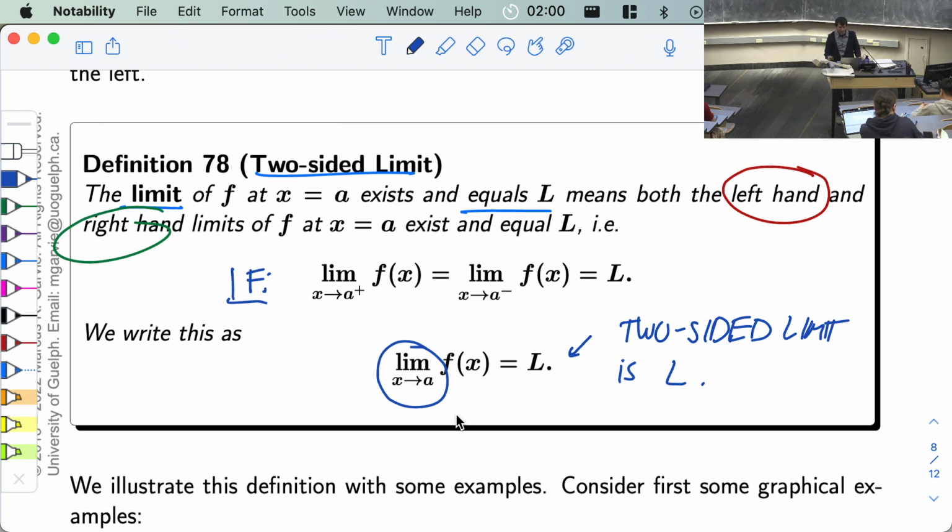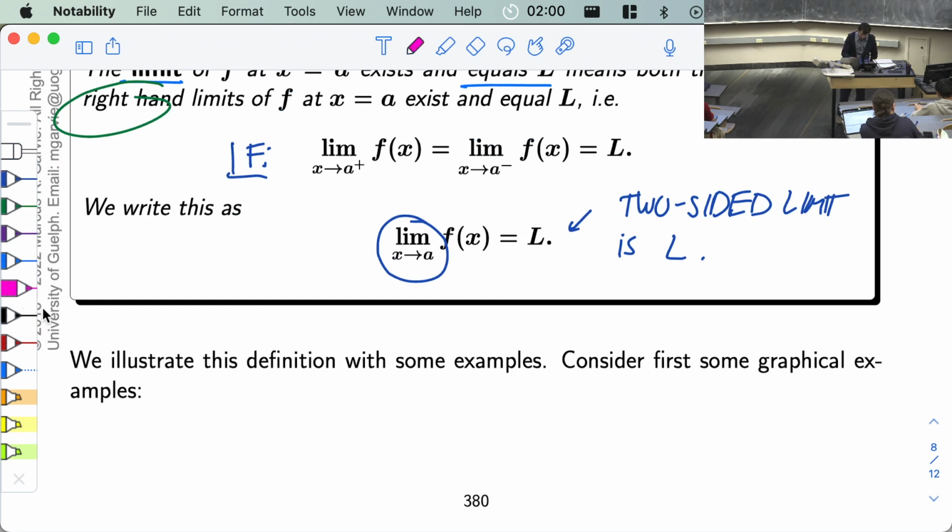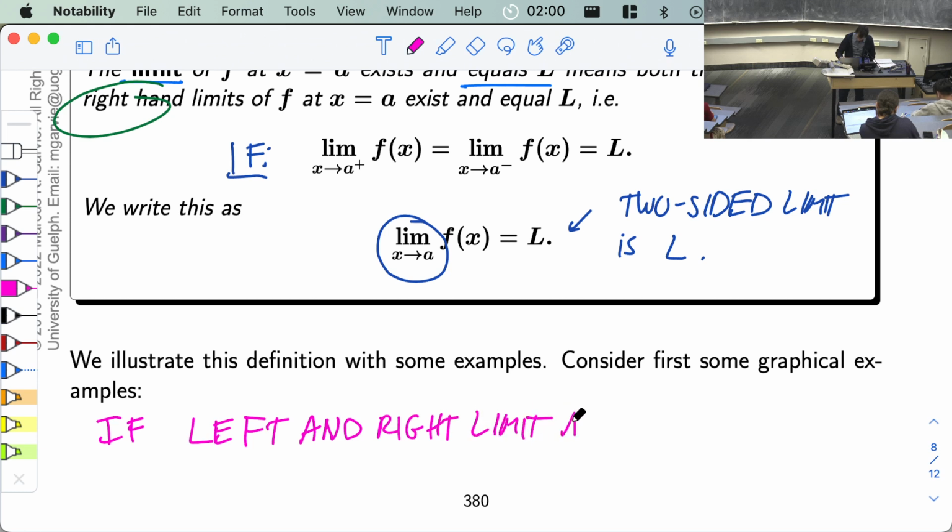So kind of implicit in this definition, and I'm going to write it out explicitly, is the converse, which says that if the left and right limit are not equal, what happens?